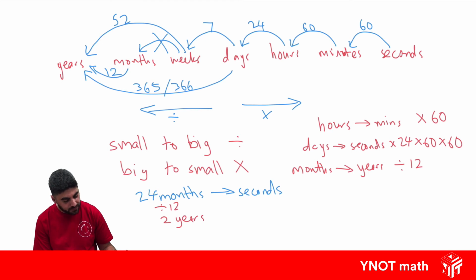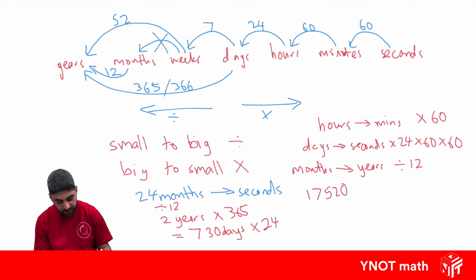Now for the rest of them, we're going this way, which means we need a times. So then I'm going to times it by 365 to get us to days. So 2 times 365 is going to give us 730 days in 2 years. Then I'm going to times by 24 to work out how many hours are in those days. That's going to give us 17,520 hours.